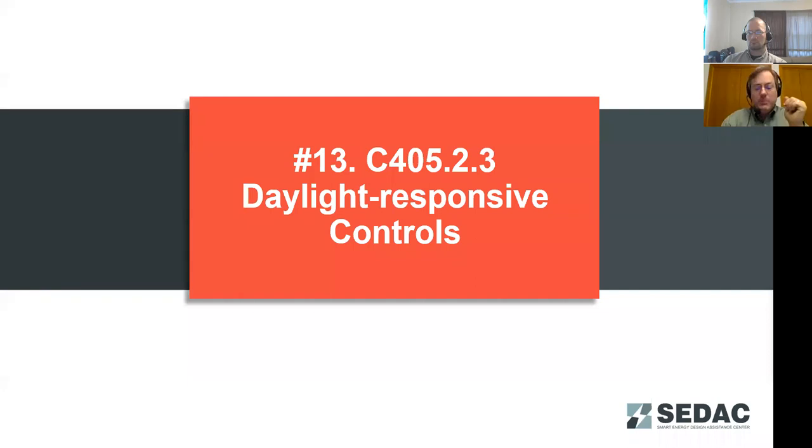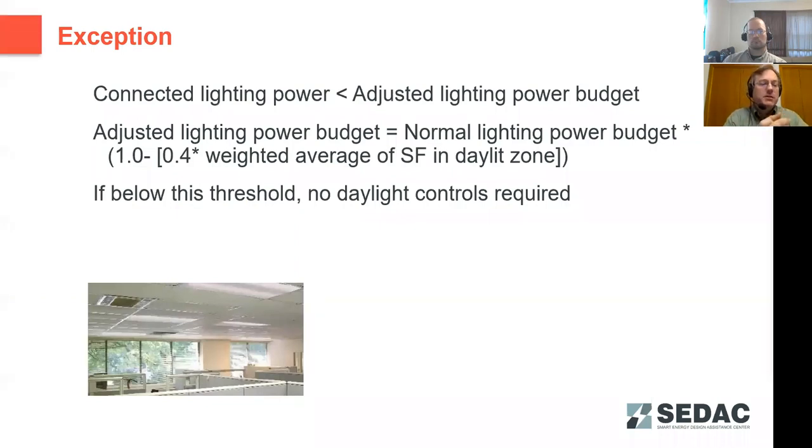As far as daylight responsive controls, now that we've gone through occupant sensing controls and time switch controls, for daylight responsive, this is one area where I like to start with the exception first, and that is if you are able to reduce your lighting power by at least 40% of the weighted area that's in a daylit zone, then you don't have to purchase, install, and commission the daylight responsive controls.